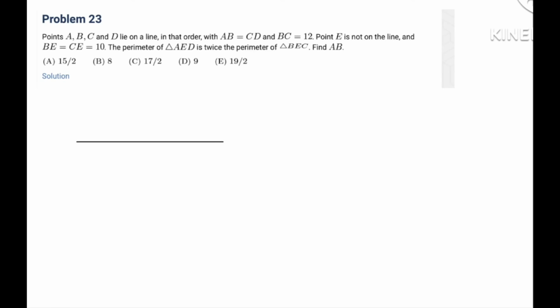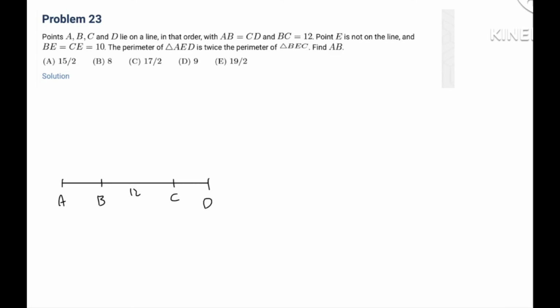So ABCD lie on a line, and then with AB equals CD and BC equals 12. So this would be A, and then this would be D, and then AB equals CD, right? And BC is 12. Point E is not on the line, and BE equals CE equals 10.